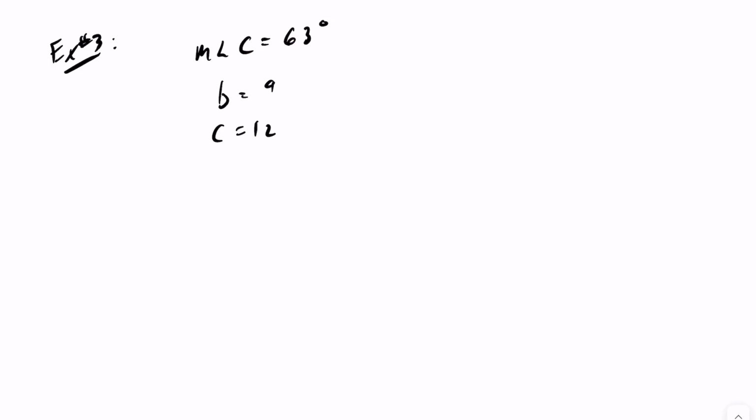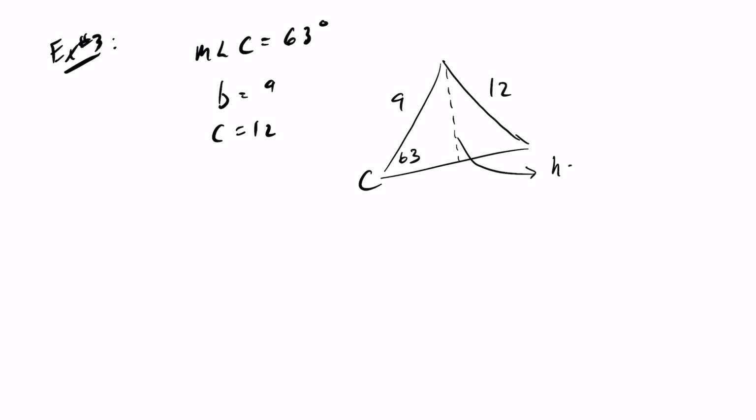In this example, we want to take a look at these dimensions. I've got an angle again. Let's make that 63 degrees. So I've got 63 degrees here for angle C. This will be a 12, and this will be a 9. Now, if I got this question, I want to check the height and see what's going on. My height this time is going to be 9 sine 63.